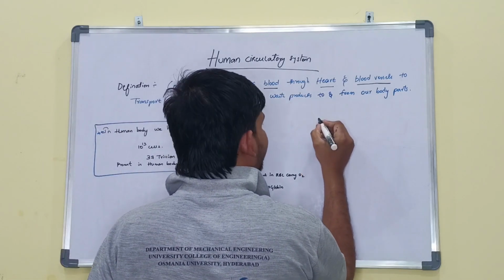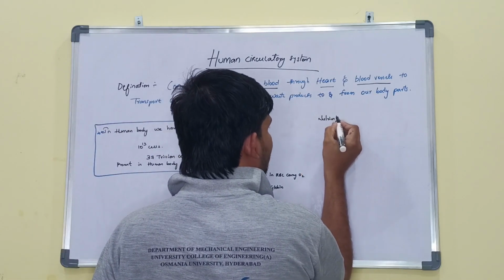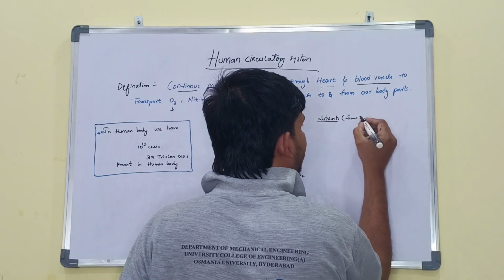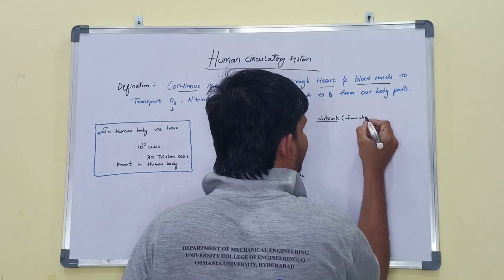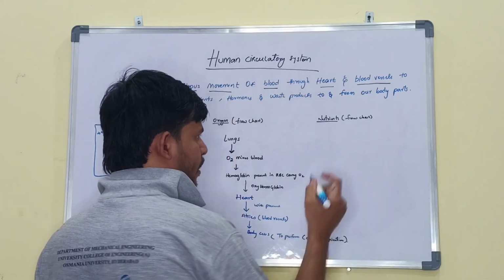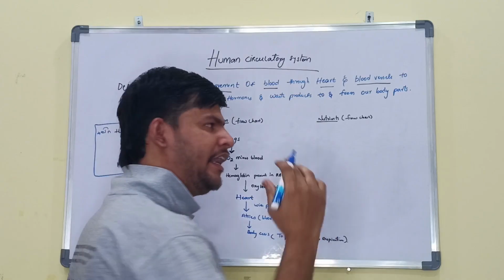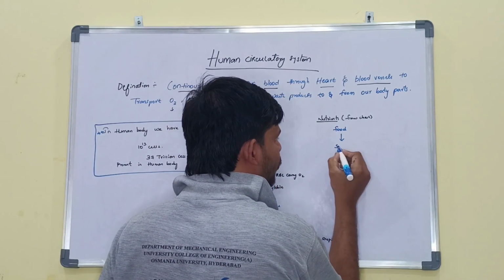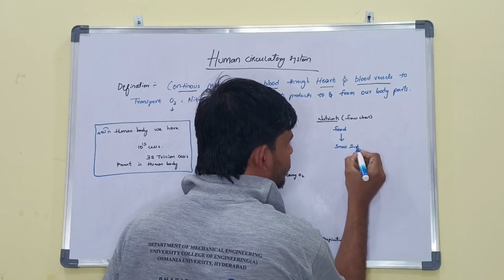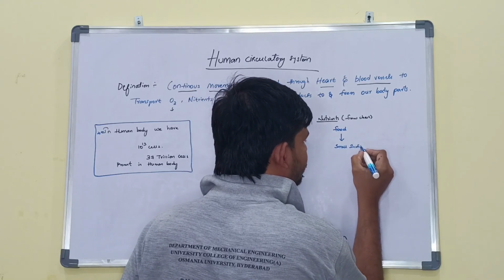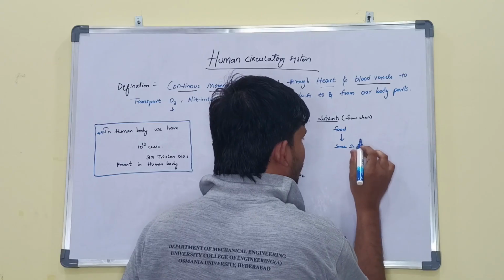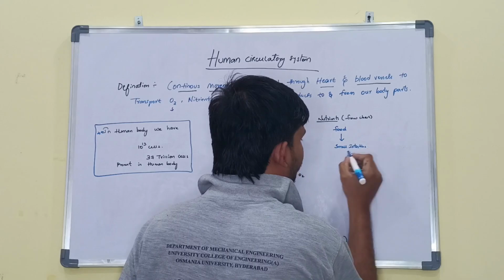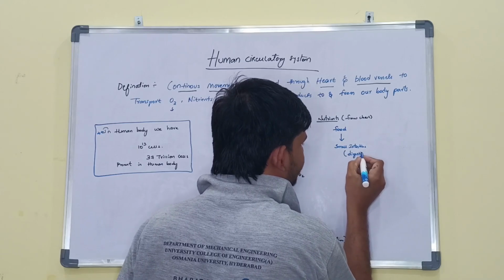Second one is nutrients. How nutrients will be transported to each and every cell with the help of flow chart. As we know, when we intake food, it will be transported to small intestine, where digestion process occurs.